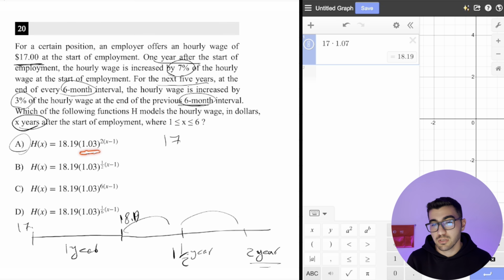Your rate is 3% increase, and that's what the question said. And you're not plugging 6, or half. You are plugging 1.5, because you already passed 1 year here. Now you have another 6 months, so 1.5 years. Okay, I hope you got this question.